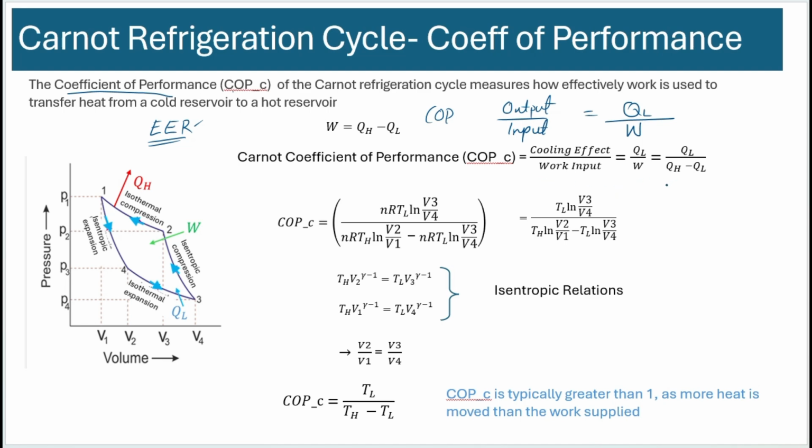The reason is that COP for most refrigeration systems is usually greater than 1. Normally efficiency is less than 1, or 100%, but COP of refrigeration systems is usually greater than 1.